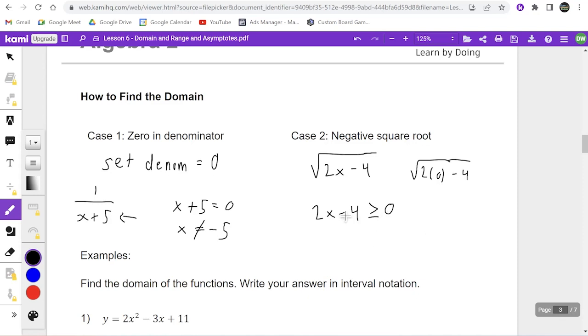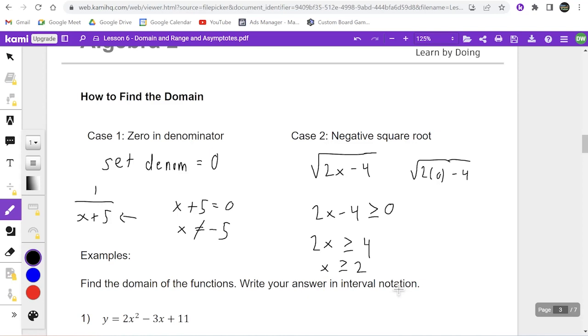So now if you want to solve this, you just add 4 to both sides. 2x is greater than or equal to 4, and then you divide by 2. x is greater than or equal to 2. And again, all these answers I've said so far are in inequality form. We are going to be doing the same thing in the questions below, but we're going to be converting them to interval notation. Okay, so any questions on that?